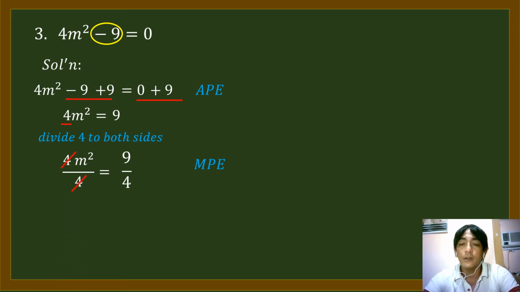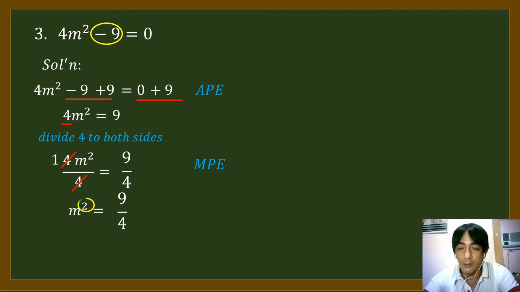Okay, so 4 divided by 4 is 1. So 1m squared is the same as m squared na lang. And then sa right side ng equation yung 9 over 4, hindi mo naman ma-divide ng eksakto yung 9 ng 4. So as is na lang muna siya. Okay, so we have now m squared is equal to 9 over 4.